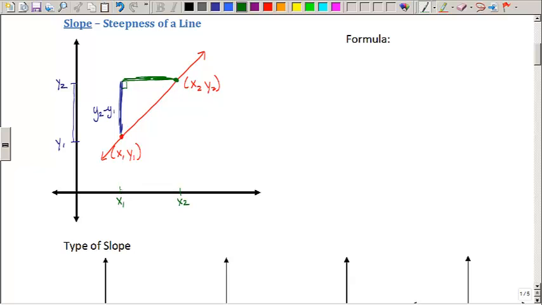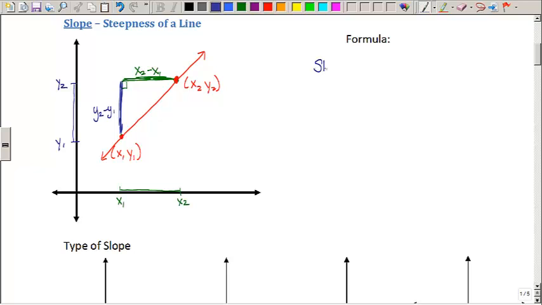I'm just traveling the distance from x1 to x2. To find that distance, I take x2 minus x1. So when I'm traveling from my first red point to my second red point, I'm traveling up a blue distance of y2 minus y1. I'm also traveling right a green distance, x2 minus x1.